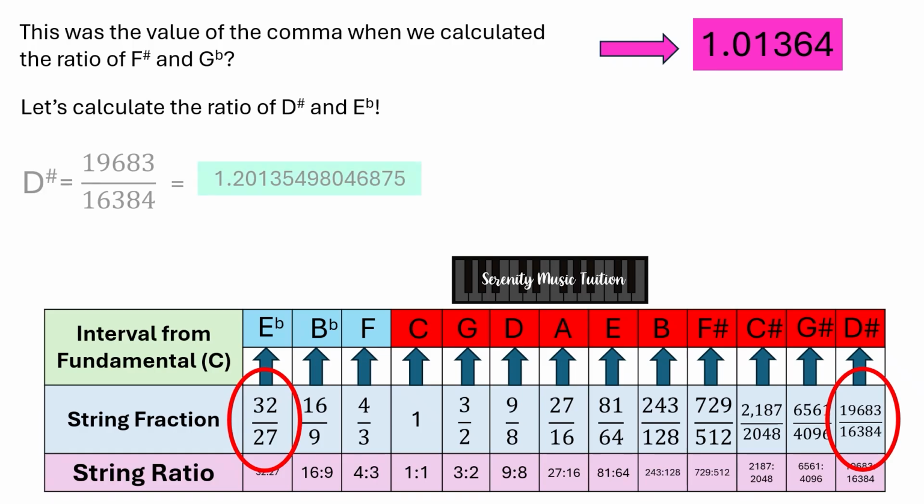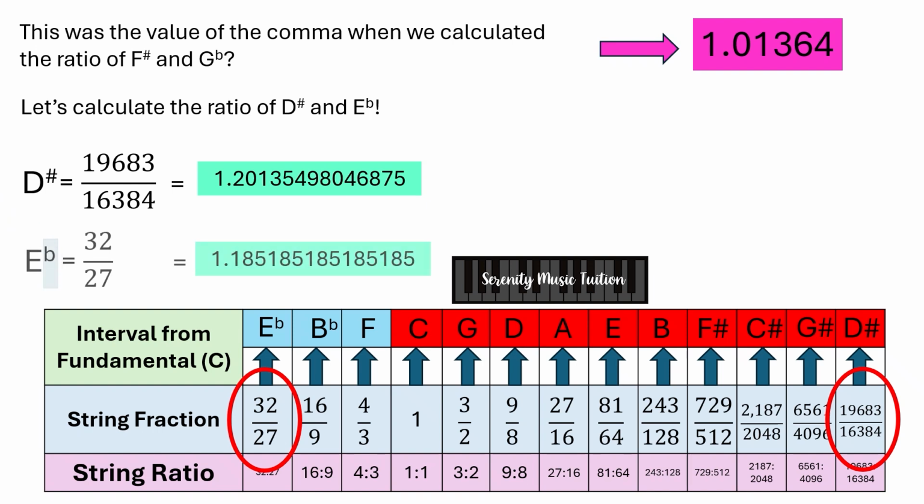Let's calculate the ratio of D sharp and E flat and see if the value of the comma is the same. D sharp had an interval ratio of 19,683 over 16,384, which equals 1.2013549804685. And the interval ratio of E flat was 32 over 27, which equals 1.185185185185.